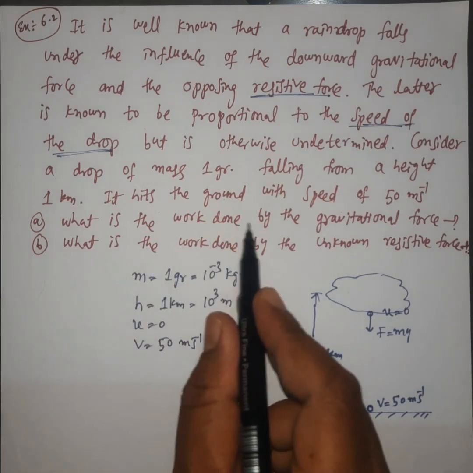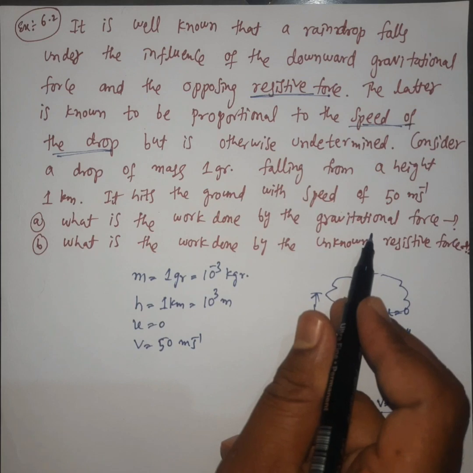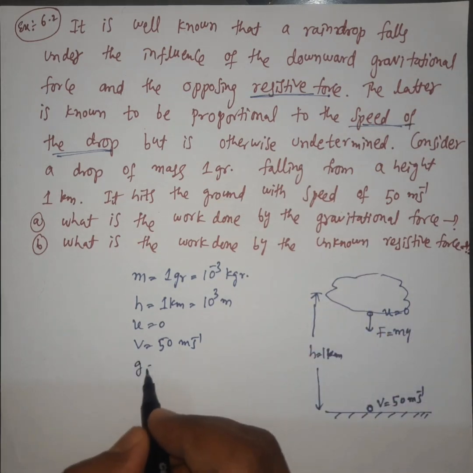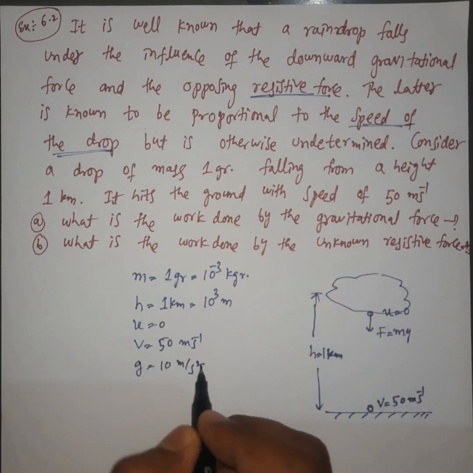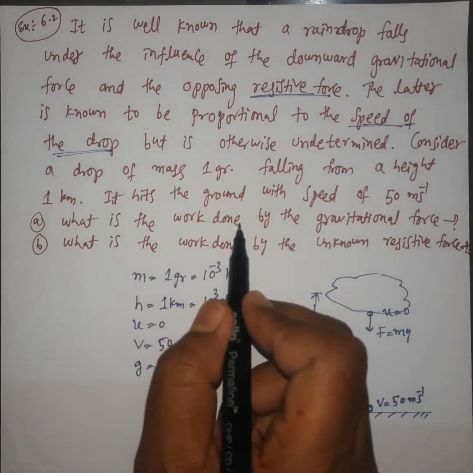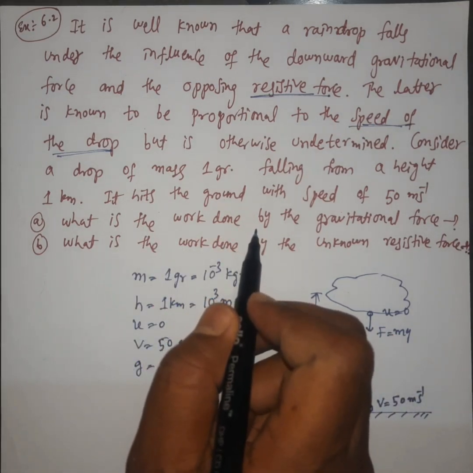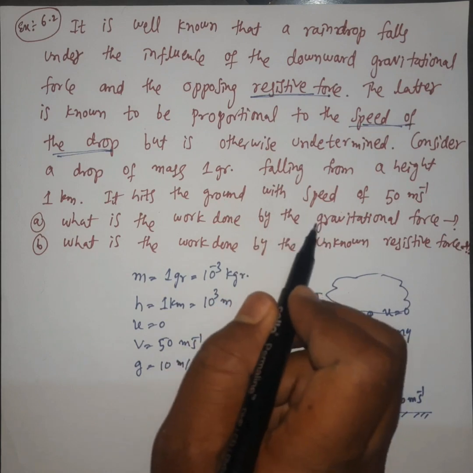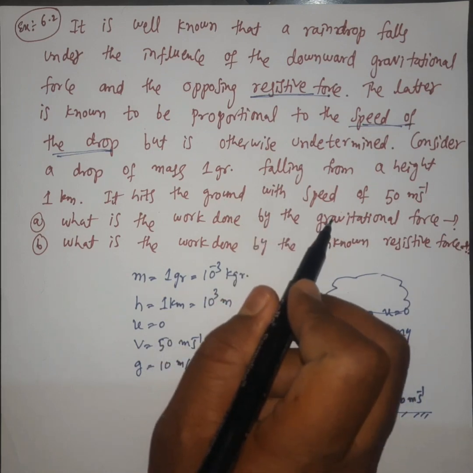What is the work done by the gravitational force? Here I am taking g is equal to 10 meter per second square. So what is the work done? Work is nothing but force into displacement. Work done by the gravitational force means what?